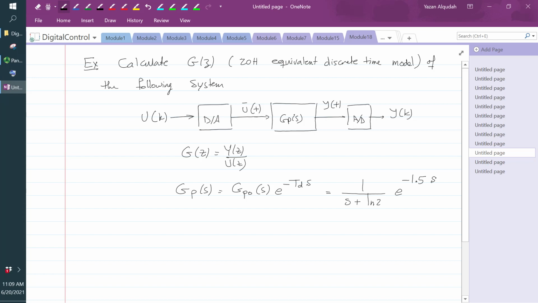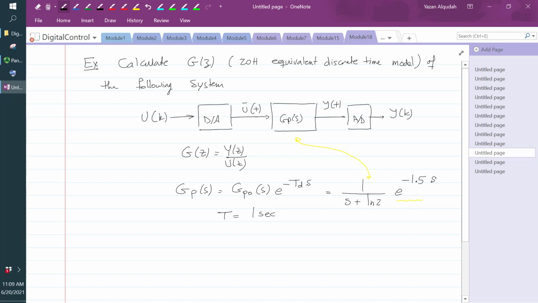So this gp of s is given by this expression here. How is this different than what we've been seeing? There is now this delay element here, and we are given that t is equal to 1 second. We're sampling every 1 second.